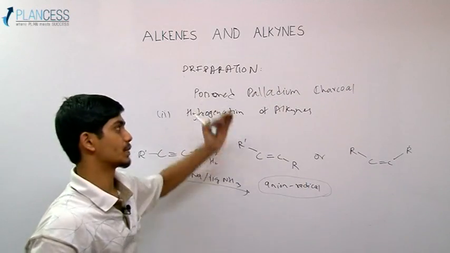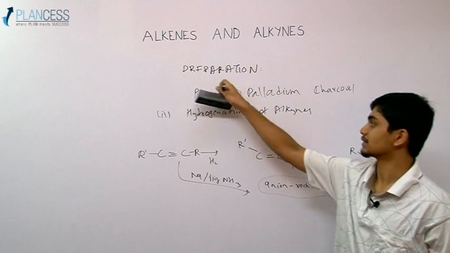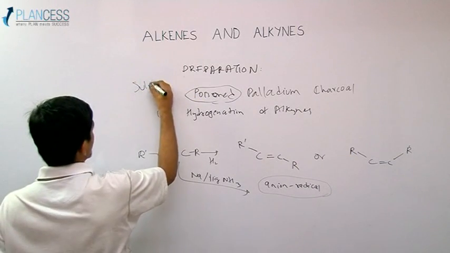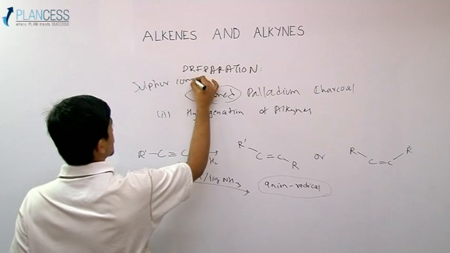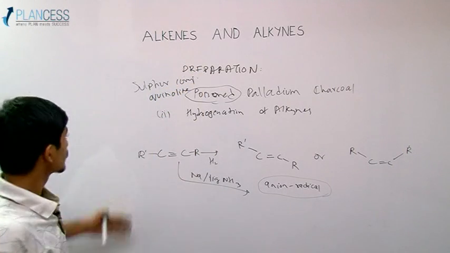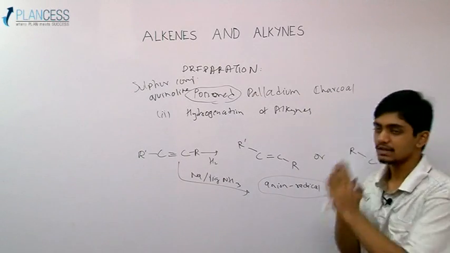So, we are going to use palladium and charcoal, but the point is it should be poisoned. Poisoned with what? Poisoned with some sulfur compounds and quinoline. Now, these two are compounds which poison this palladium charcoal.